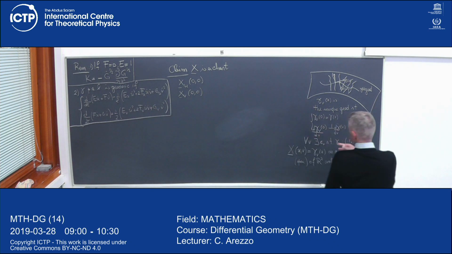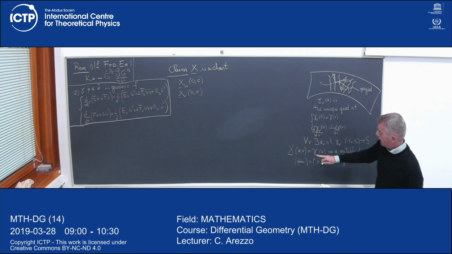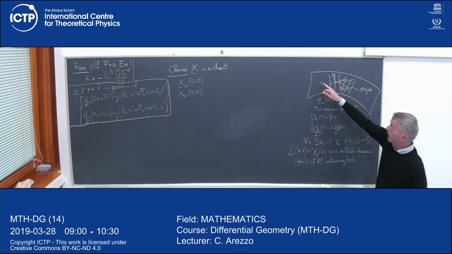And what is XV of 0, 0? Well, the opposite in some sense. Now I'm taking the derivative with respect to V, so I can put U equal to 0. But that means I'm on gamma, and then I compute the derivative, and I get gamma dot, the tangent direction to gamma.